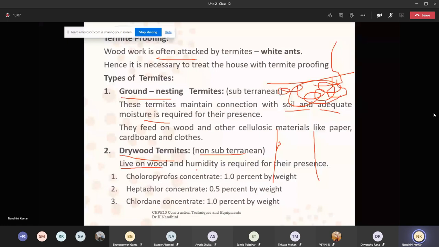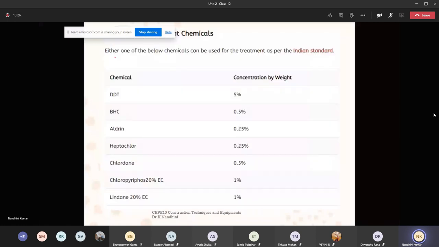There are three types of termite proofing material applicable for dry wood termites: chlorpyrifos concentrate, that is 1% by weight, heptachlor concentrate, and chlordane concentrate. And you have a certain list of chemicals with their concentrations.